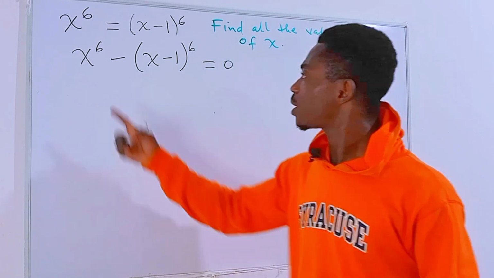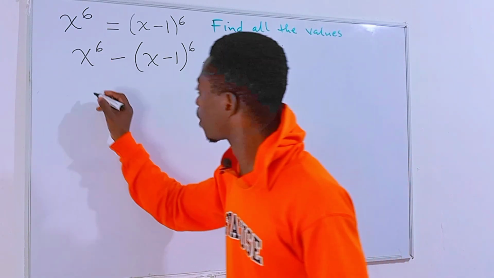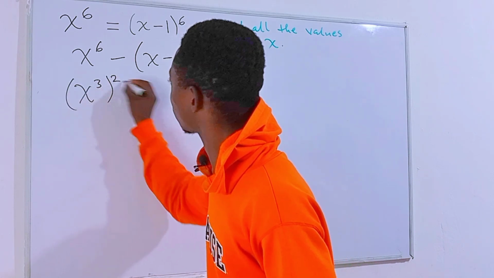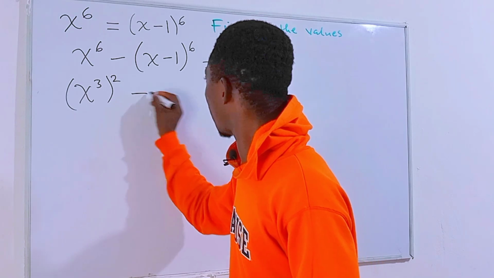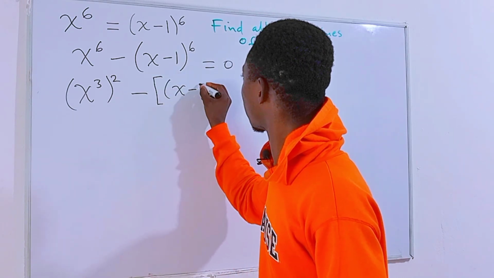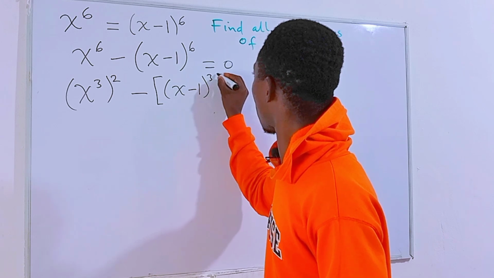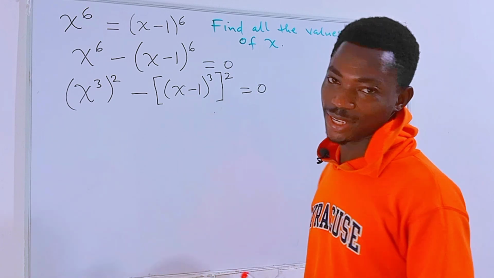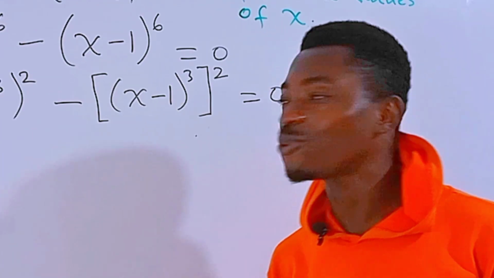Check this out. X to the 6th power is the same as (x to the 3rd power) to the 2nd power, minus, this is also the same as ((x minus 1) to the 3rd power) to the 2nd power, and this is 0, difference of two squares.